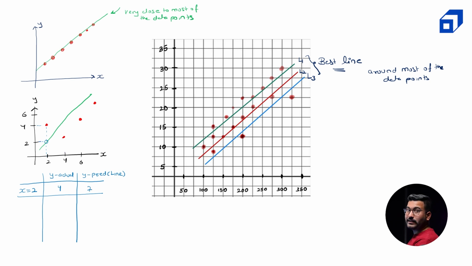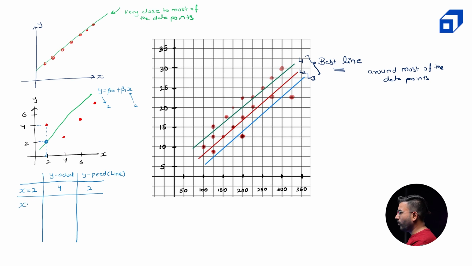Now you can get the same answer 2 using the equation y is equal to beta naught plus beta 1 of x. As of now, we do not know the value of beta naught and beta 1, but if I know it, I can simply put the value of x equal to 2 over here, and I will get the output as 2 only, because the point that I predict at a certain value of x is going to lie on the line itself.